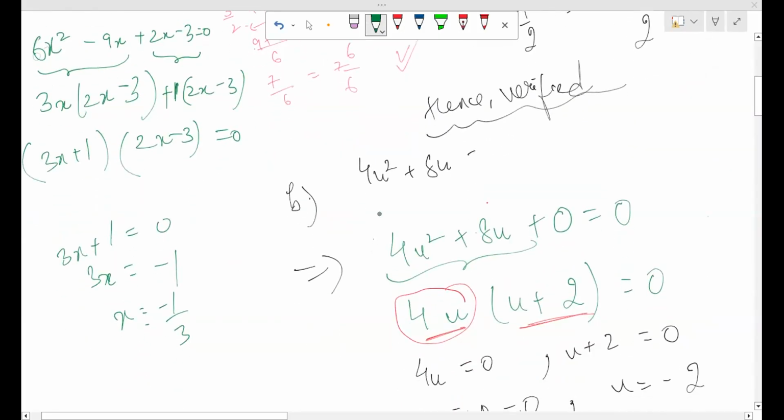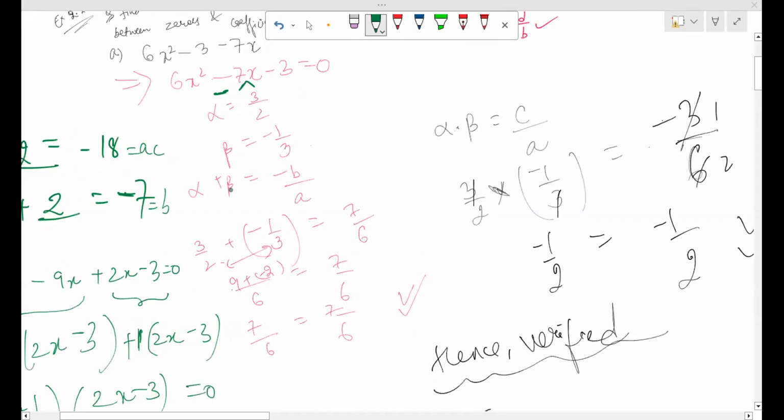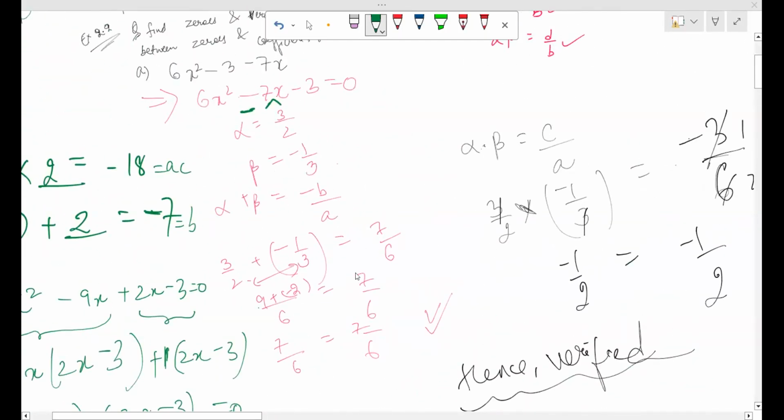Okay, now write it from here. We have figured out alpha and beta. Now we can verify the relationship of the sum of zeros and of the product of zeros. How will we know which is alpha and which is beta? We can consider anyone, ठीक है, जो सबसे पहले निकाल लिया उसे अल्फा बोल दो, बाद में निकाला बीटा बोल दो. You can interchange them as well. That won't be an issue.